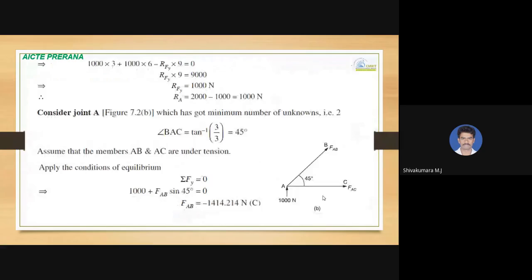So 1000 into 3 plus 1000 into 6 minus RFY into 9 equals 0. So RFY equals 9000 divided by 9, RFY equals 1000.